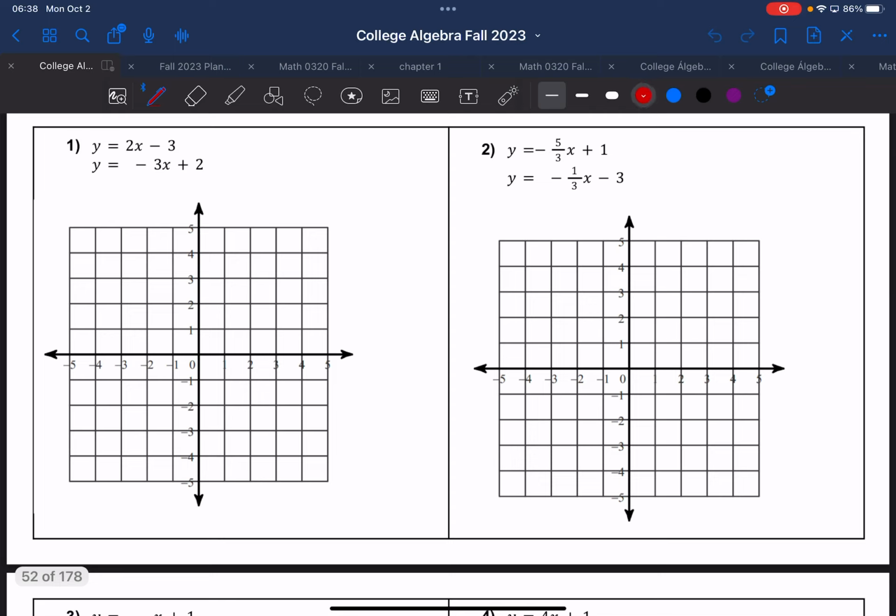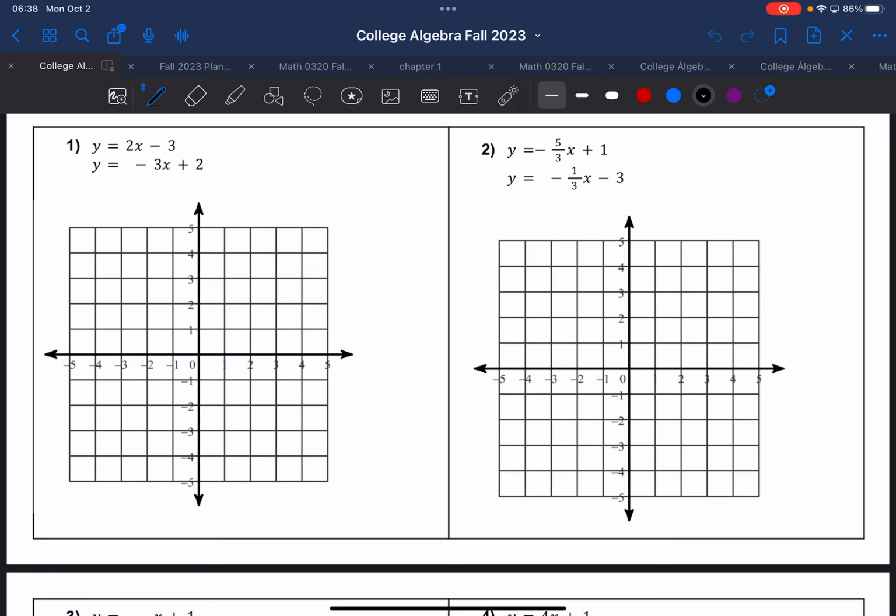Okay, so this is number one. First, before we can start graphing this, we have to make sure these lines are in that slope-intercept form, so that y equals mx plus b. Are both these lines good on number one? Yes. So then we find the y-intercept of both.